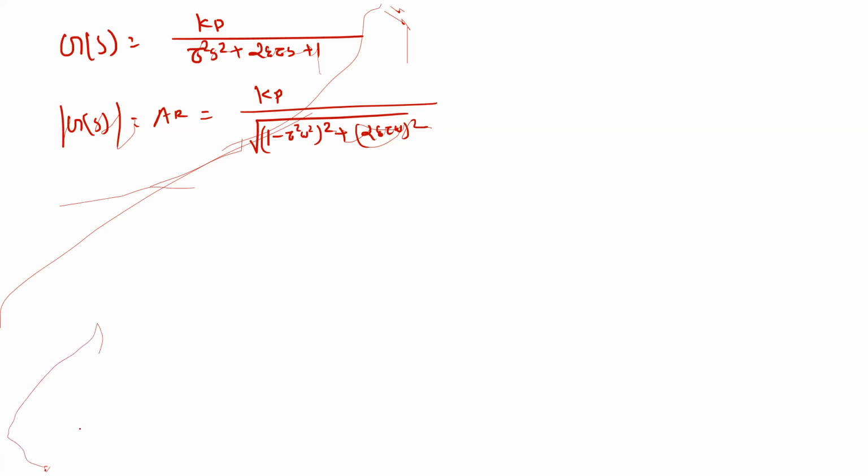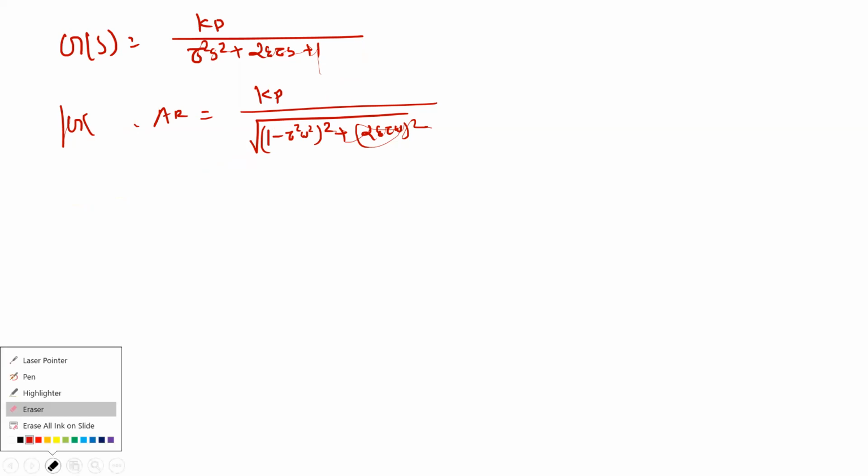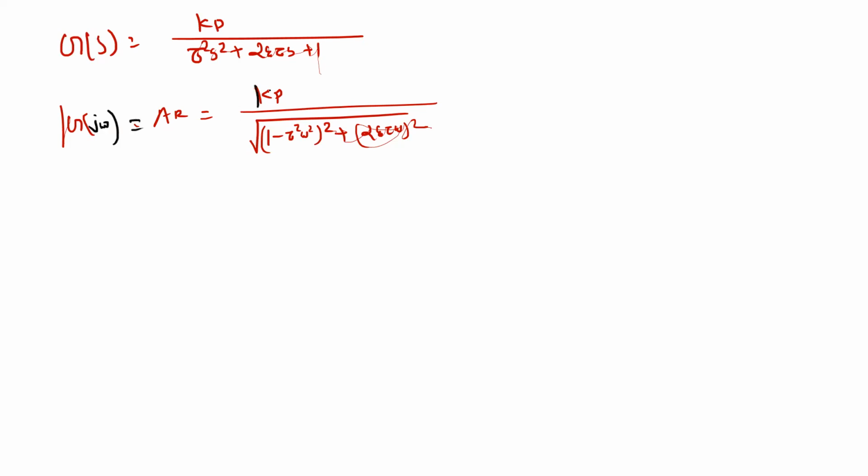You have to remember this for the second order process. If you want to do the derivation, it's very good. But if you don't want to do the derivation, you can remember these things very easily. I'm just telling you the method of how you can remember. G of j omega is your Kp, and 1 upon 1 minus tau square omega square plus 2 zeta tau omega whole square.